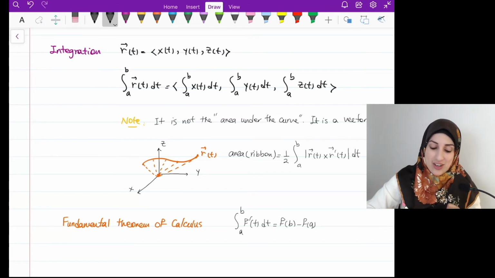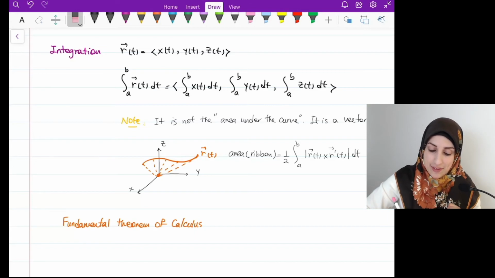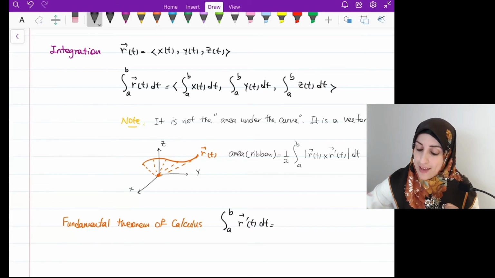Remember that? So we have a similar situation for the vector function, and I'm gonna say that the integral from a to b of r prime of t dt would be r of b minus r of a.